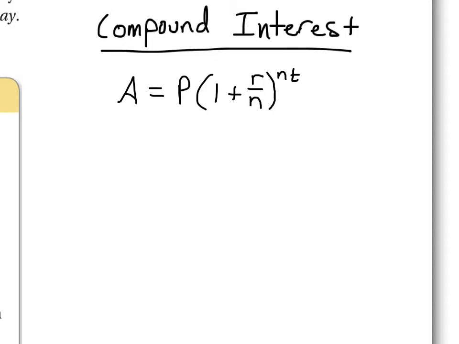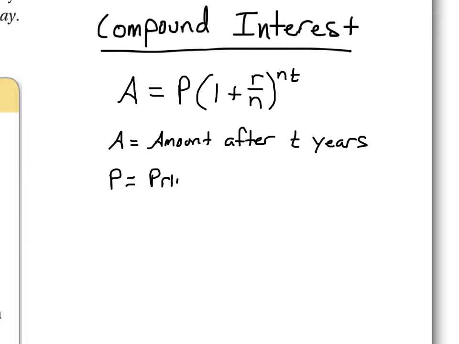So first off, A is the amount after T years. P stands for the principal amount, original. That's what principal means.